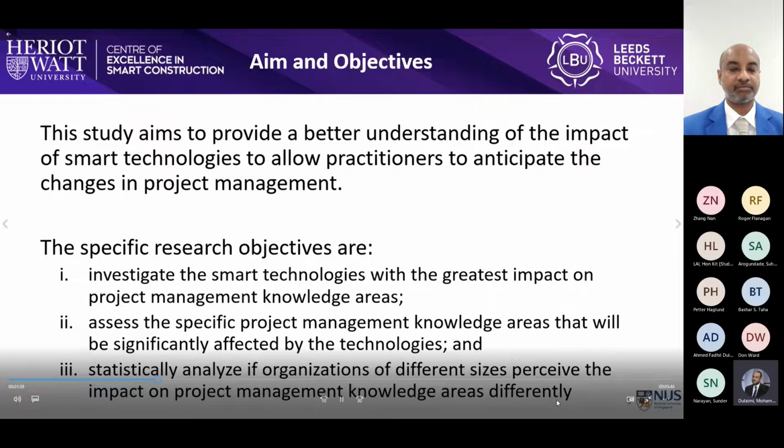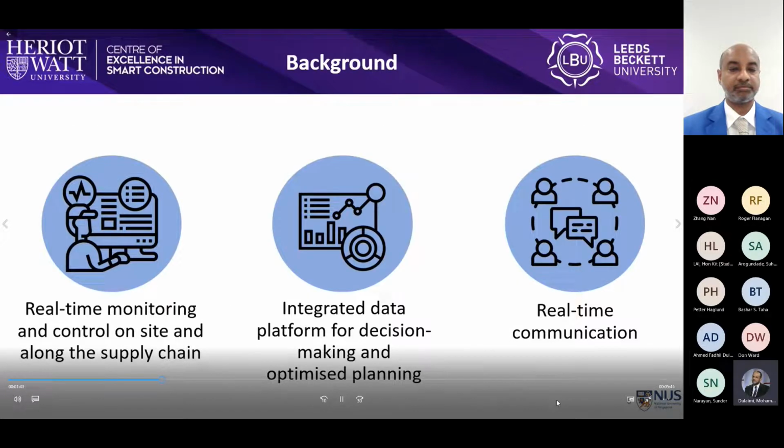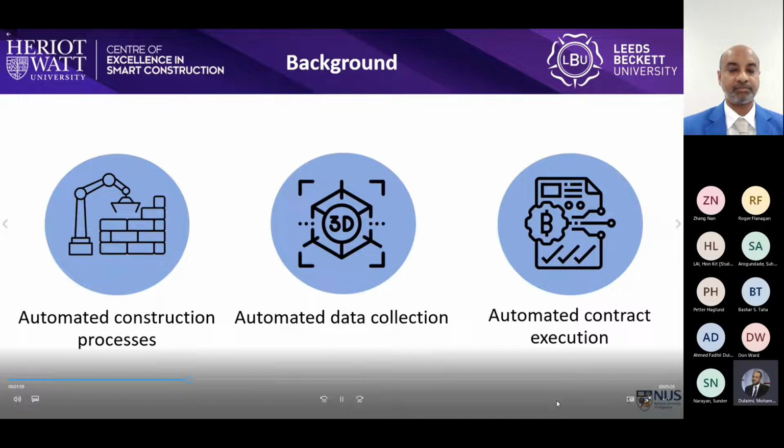the impact differently. So some of the common smart technology applications in construction projects that may significantly impact project management include real-time monitoring and control of labor, materials, and equipment on-site and along the supply chain, integrated data platform for decision-making and optimized planning, real-time communication, automated construction processes, data collection, and contract execution.